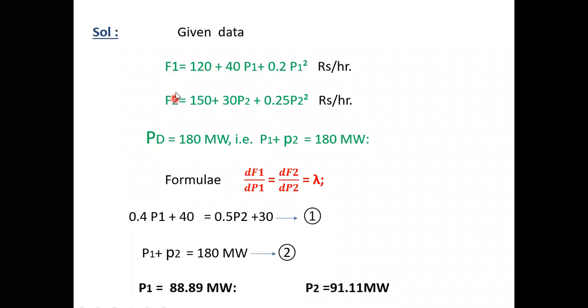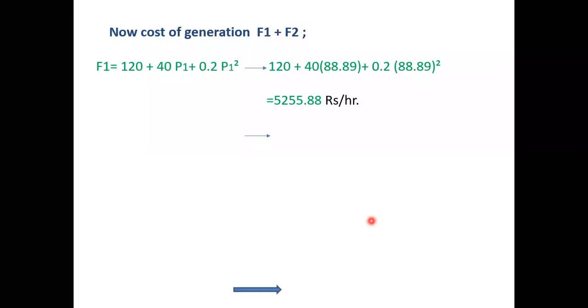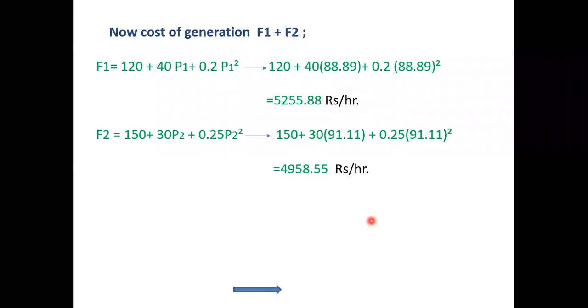So again, we need to add F1 and F2 in order to get the total fuel cost. Let's see. So now the cost of generation is F1 plus F2. Find out F1 by substituting the P1 value. Similarly, find out the F2 value by substituting the P2 value. So this is nothing but F1 and F2.